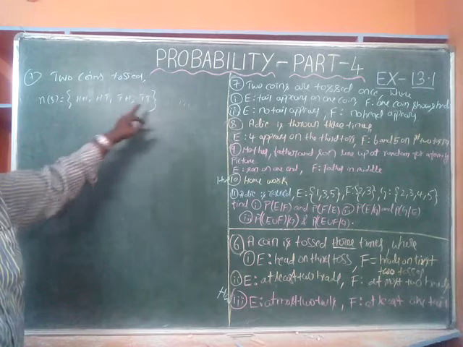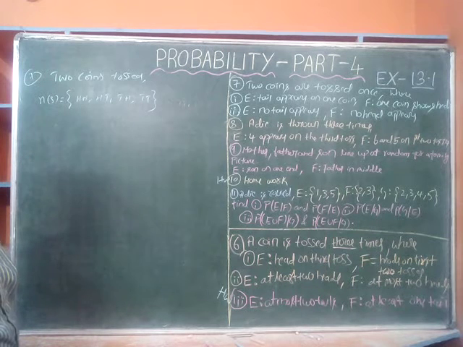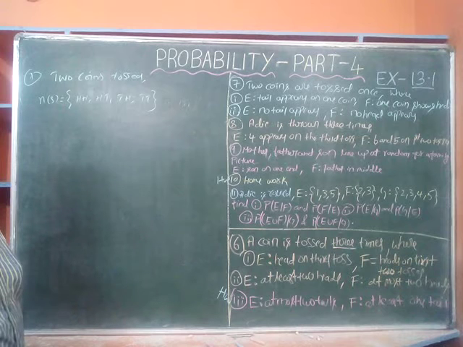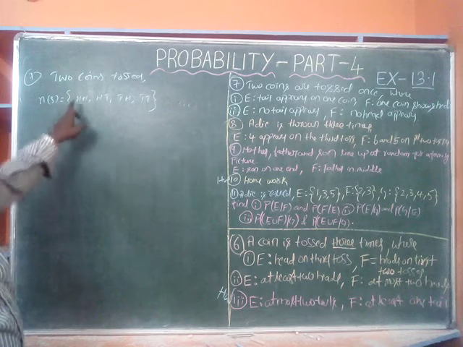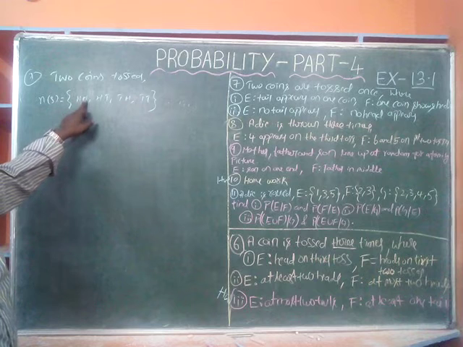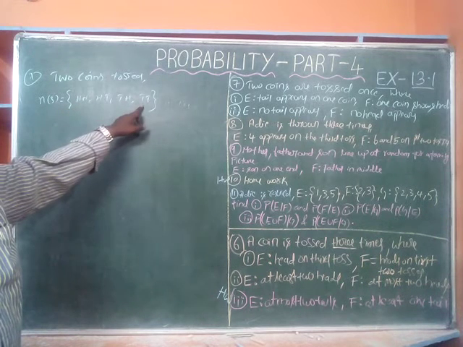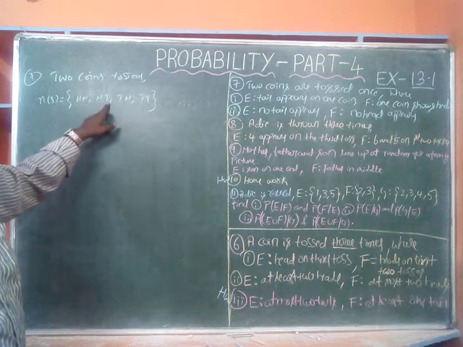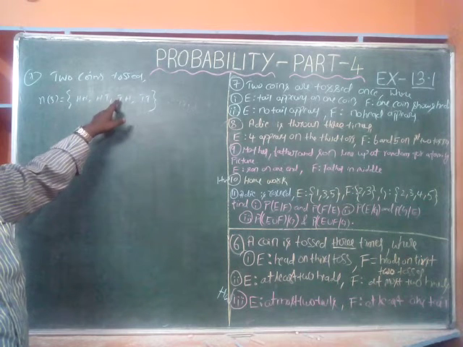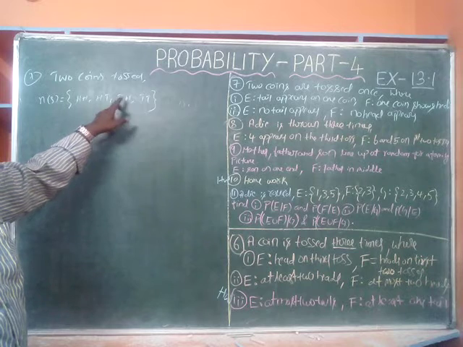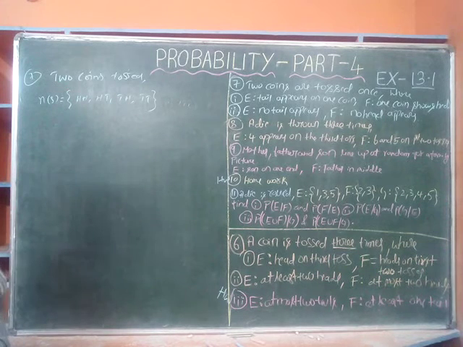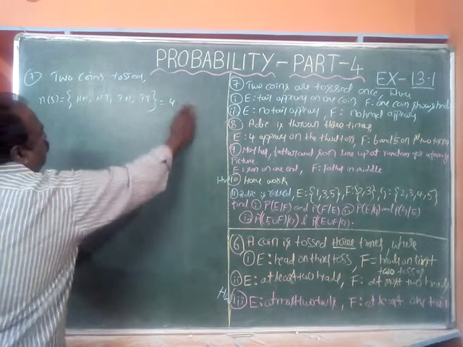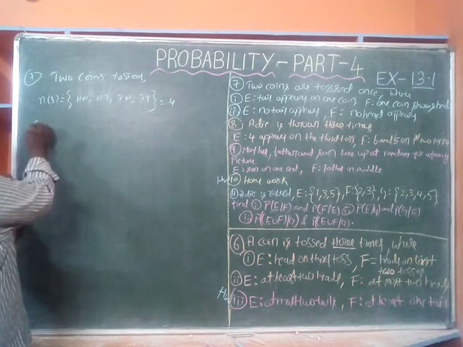Suppose we take a 1 rupee and a 2 rupee coin. On the 1 rupee coin head and on the 2 rupee coin tail, or the 1 rupee coin tail and 2 rupee coin head. Like that the order will change. Here it is 4.